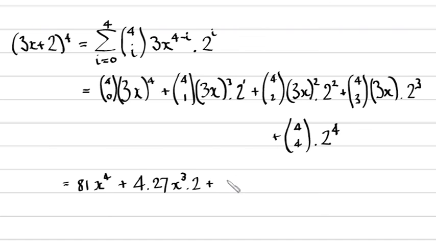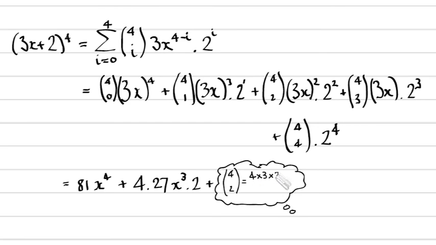4 choose 2, if you can't work it out straight off the top of your head, we could think to ourselves, alright, that's 4 factorial over 2 factorial times 2 factorial.